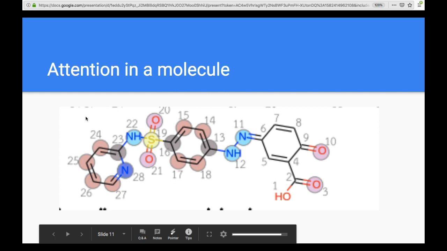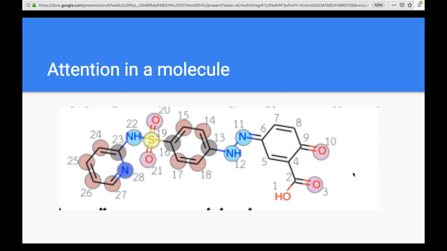So the input is a list of vectors, and every vector represents one kind of atom. If you have the same atom, maybe carbon here, oxygen here, and oxygen here, they have the same vector, because before the transformer, the input is just a fixed vector for a given type of atom.